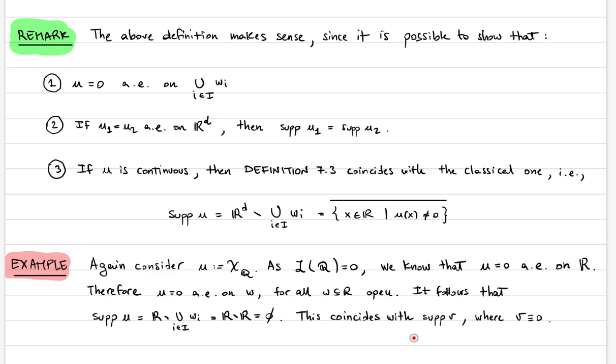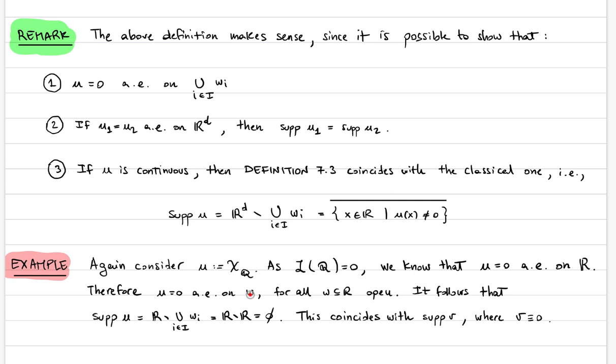An example. Let's go back to the counterexample we saw a few minutes ago. Again, we consider U to be the characteristic function of the rational numbers. And since the Lebesgue measure of the rational numbers is 0, we know that U is equal to 0 almost everywhere on R. Therefore, whichever open set we take in R, we will have that U is equal to 0 almost everywhere on this open set.